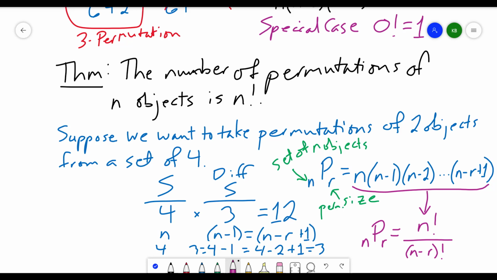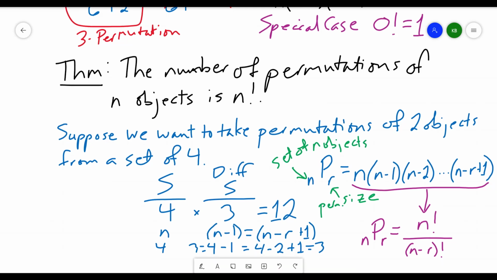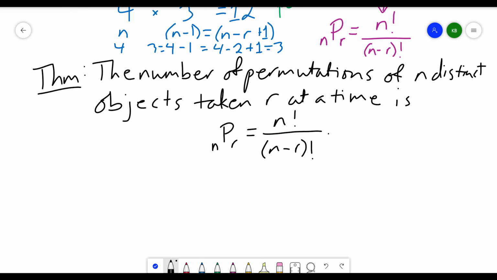So you see, everything after n minus r has been cut off of this factorial, and so it's the same as dividing by it, canceling all of them out. And that brings us to our next theorem. So this theorem is that the number of permutations of n distinct objects taken r at a time, nPr, equals n factorial over n minus r factorial.